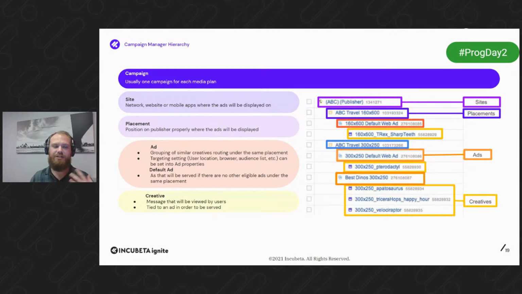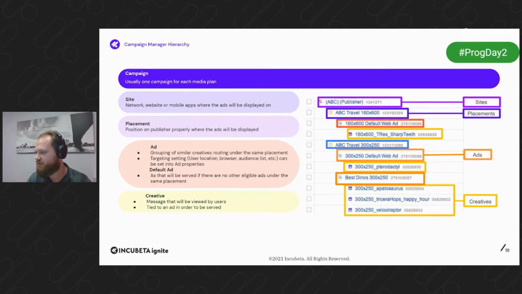That's because if your HTML5 or dynamic creative does not serve for whatever reason, whether there is a targeting mismatch or some other reason, it would serve the default ad. If your default ad is the same format as the primary ad, and the primary ad doesn't serve, there's not a very high chance that your default ad would serve, if the cause of the lack of serving is the same and is related.